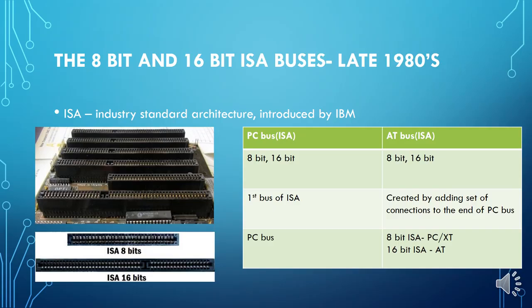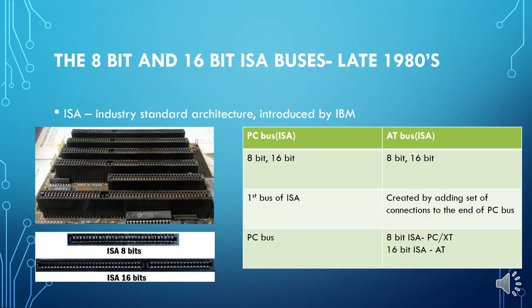This ISA bus is found in 8-bit and 16-bit versions, meaning they carry either 8-bit data or 16-bit data. Previously, it started with the 8-bit ISA bus, and later on, the 16-bit bus was invented. It was introduced by IBM.